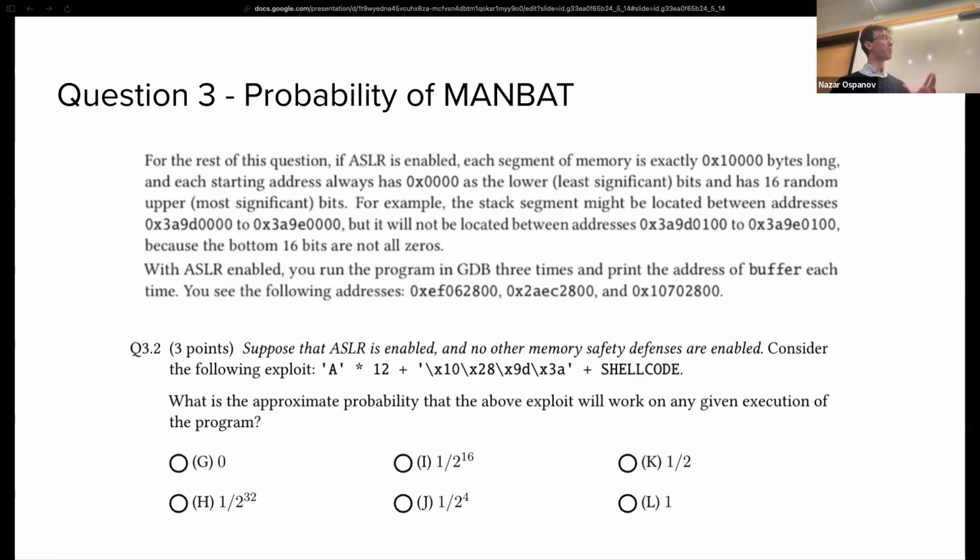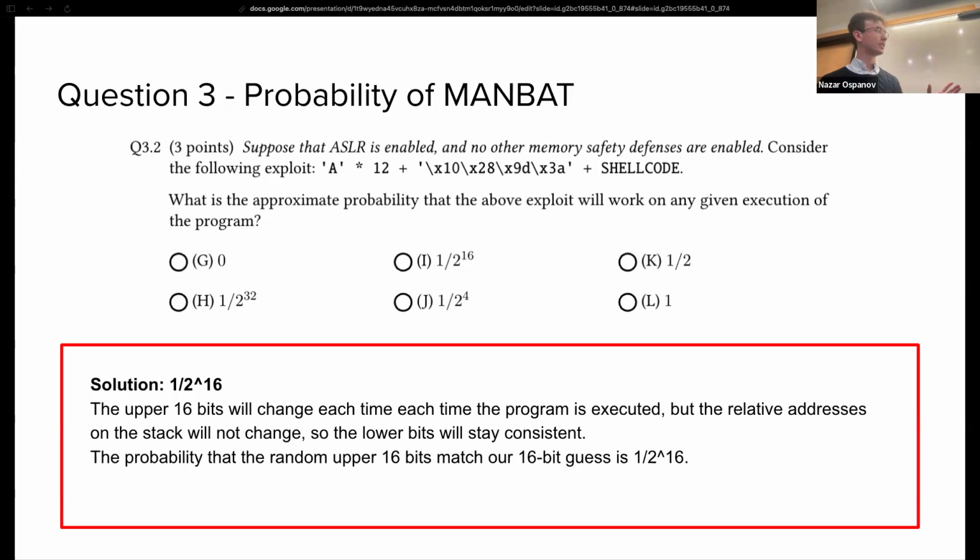So this is going to be the upper 16 bits, and we want all of them to be the corresponding bits. So the overall probability is the probability of 3A9D appearing randomly in the most significant bits, and everything else is a valid exploit. So that's why it's 1 over 2 to the 16. Does anybody have any questions?